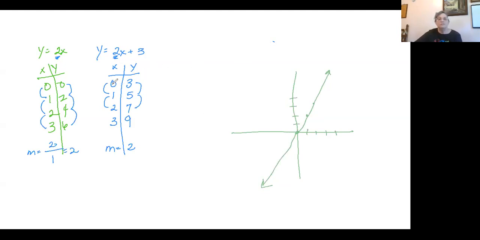With the blue one, we've got over 0 up 3, which if this were straight would be here. This should be going here. And then 1, 5, and 2, 7.